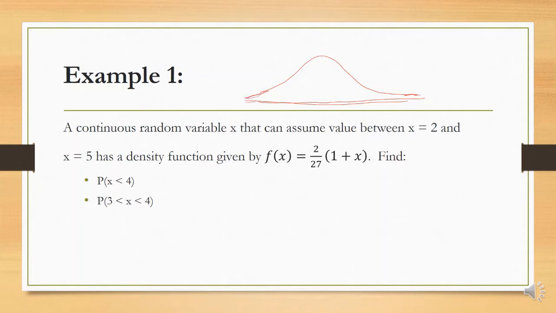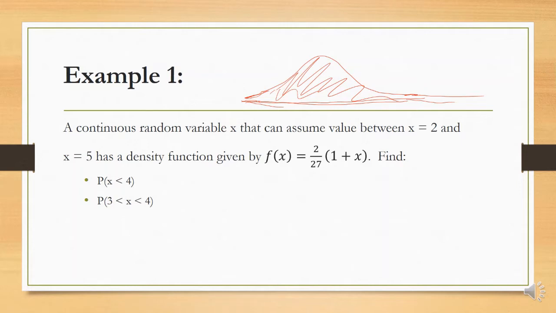Hindi sila magmi-meet, but they will approach 0. They are asymptotes, parang sa hyperbola, no? They will approach but they will never meet kahit pa ihaba siya ng ihabang ganun. Okay? So, if you remember your lessons in calculus, we can find the area under the curve, diba? By using the integral function.